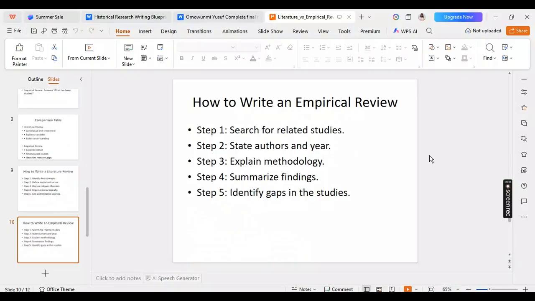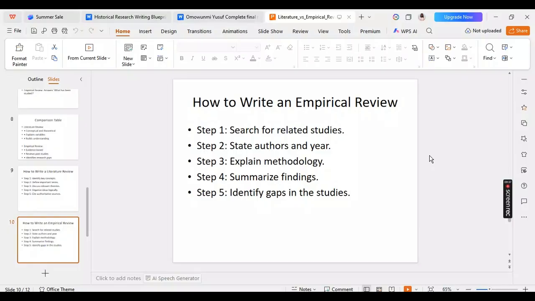So how do you write an empirical review? You search for related studies. Whatever book you are using must be related to your topic or your research topic.